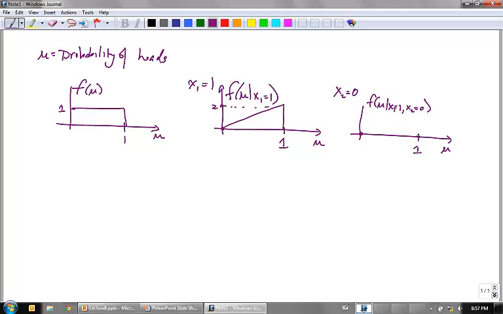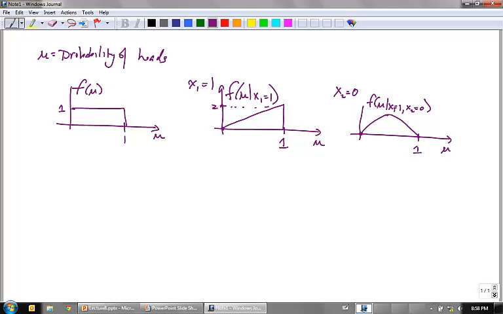And similarly, I've ruled out this because I've gotten a 0. Now I've got an equally balanced set of 1s and 0s, so the most likely guess should be somewhere in the middle, because I've got an equal number of heads and tails, 1s and 0s. So I put the maximum value here, and then what kind of function would go up like this and then come down like this? You might get a triangle wave, but it turns out that actually what you get is a quadratic, like a parabola that has its peak value over here.